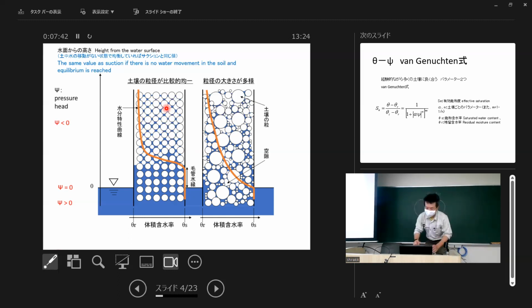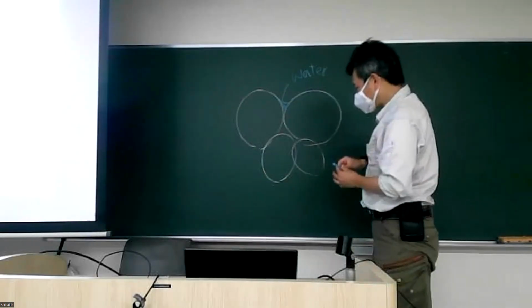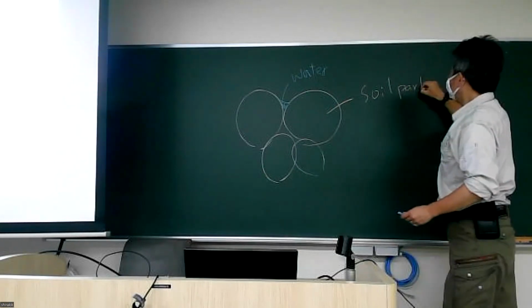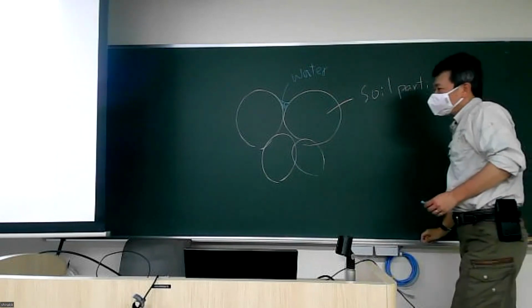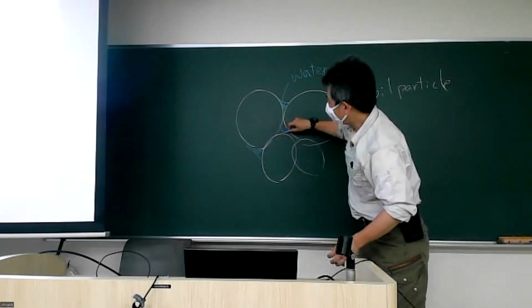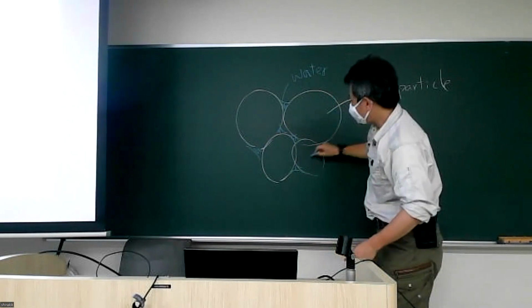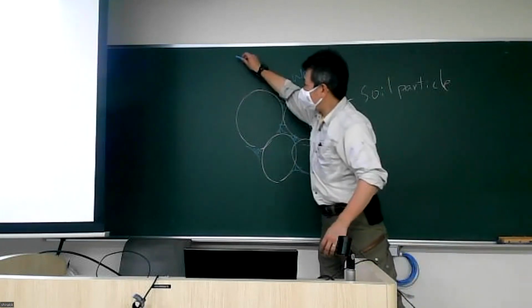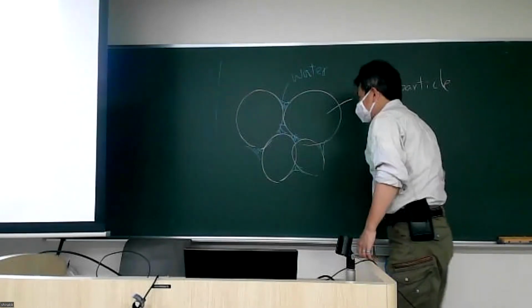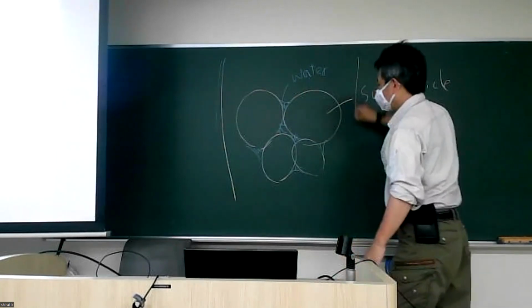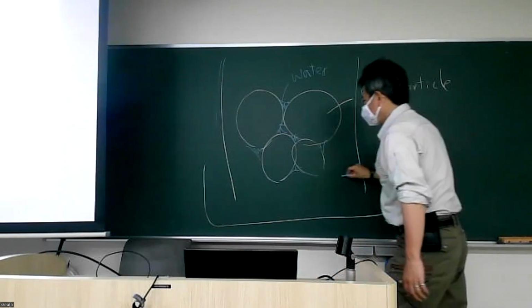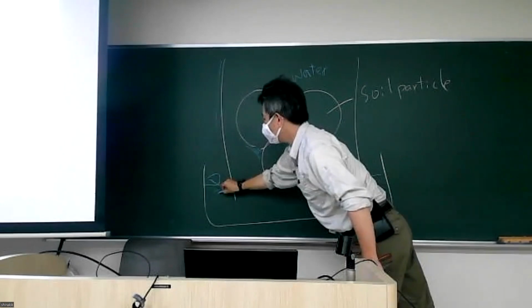Is this showing? Wait a moment. This is troublesome. If I stop like this, it gets bigger. It is a soil particle. So water likes narrow space. And this is a column, and the water here, triangle.